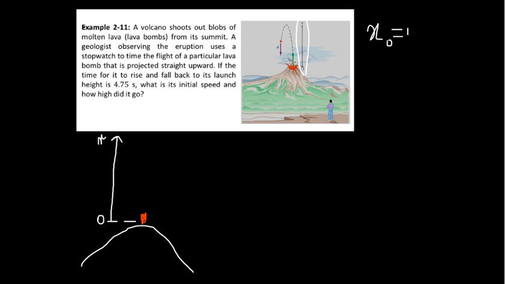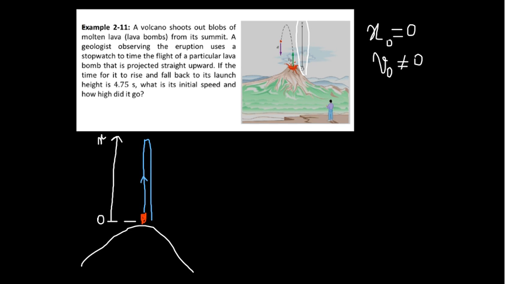If you look at it, x0 is 0, and v0 is not 0, but I need to find it. v0 is different than 0. Okay, this is something that I have to know. Now it tells me that the time for it to rise and fall back to its launch height is 4.75 seconds. What does that mean? It means that this lava went up, it stopped, and then it went back.